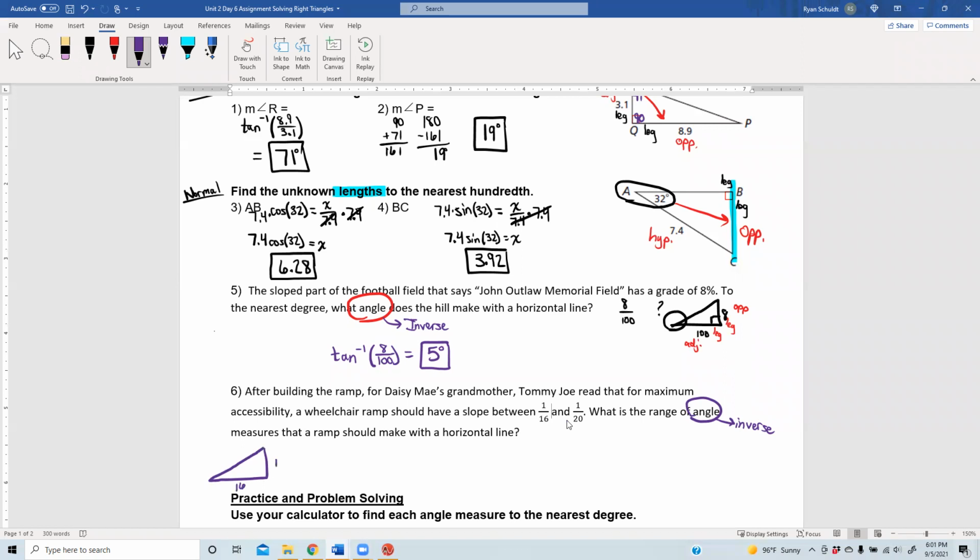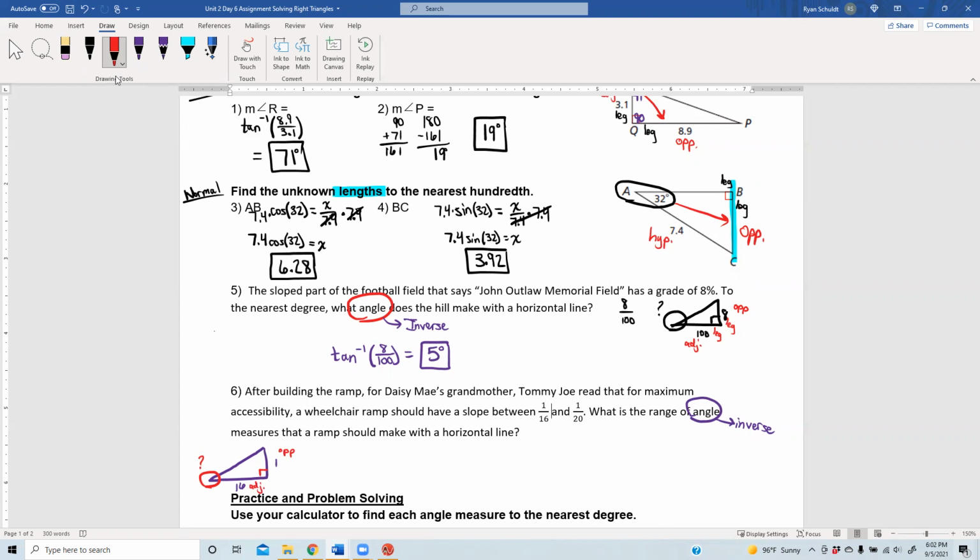Rise 1 over 16, and we're wanting to find the angle with the horizontal line. Well, there's a right angle right there. So this 1 would be opposite, the 16 would be adjacent. Which one uses opposite and adjacent?